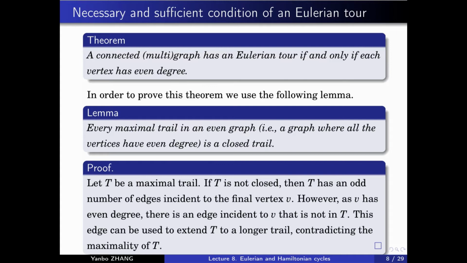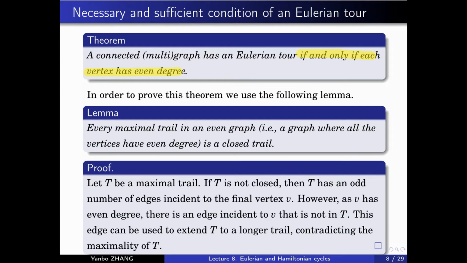Now we have the theorem on Eulerian tour. A connected multigraph has an Eulerian tour if and only if each vertex has even degree. That is, if and only if it's an even graph.